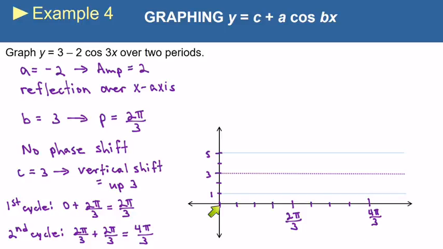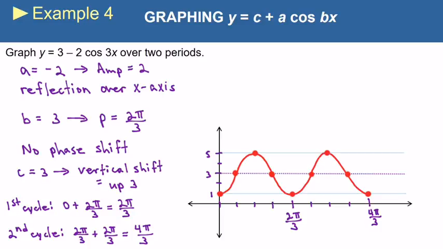Okay, now the negative cosine means our pattern would be low, middle, high, middle, low, but we're now moving everything up 3. So low is here. Low, middle, high, middle, low. And then do the same thing again. And now connect the dots.